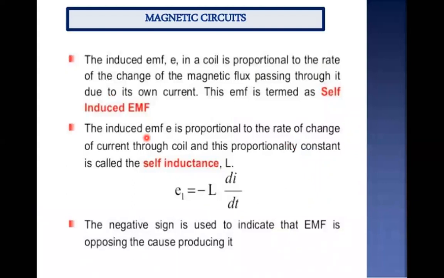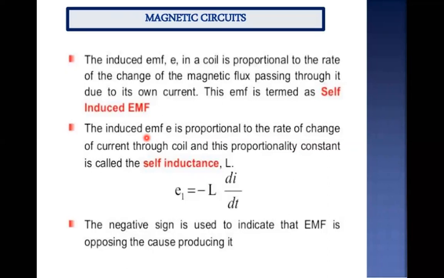Now we see the magnetic circuits. An induced EMF E in a coil is proportional to the rate of change in the magnetic flux passing through it due to its current. This is called a self-induced EMF. This is according to Faraday's electromagnetic induction.